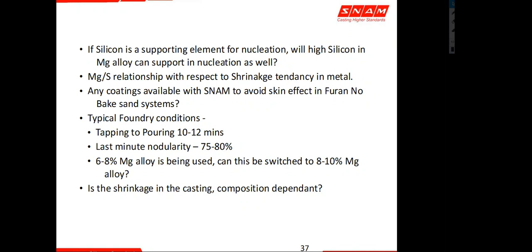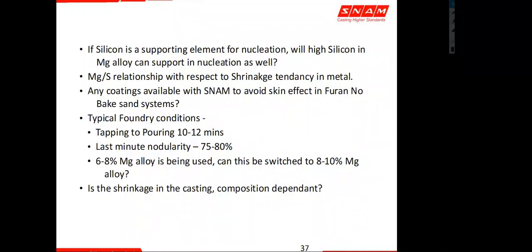In typical foundry conditions, where you have 10 to 12 minutes pouring, last minute nodularity is 75 to 80%, and a 6 to 8% magnesium alloy is being used, can this be switched to an 8 to 10% magnesium alloy? This is what we have been discussing in the last slides, sir. This is a case where you can work on finding the root cause for this loss in nodularity.